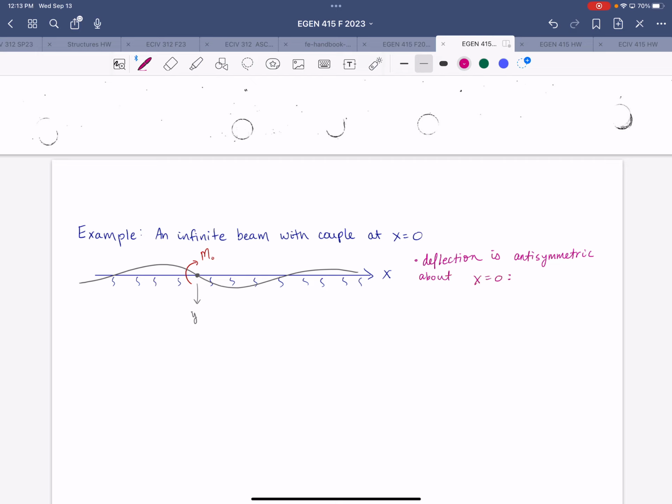So that just means that y evaluated at negative x is equal to negative y evaluated at x. Since the deflection is antisymmetric, the moment within the beam will also be antisymmetric about x equals 0.